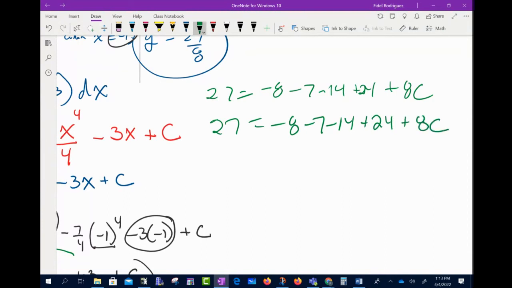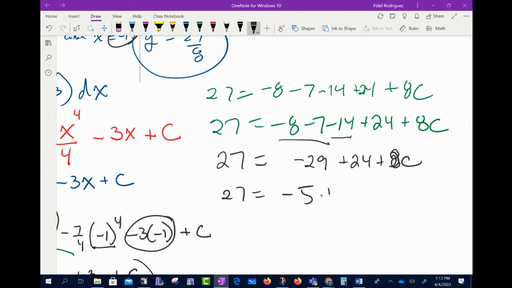This problem is much easier for me to solve because now I got real pretty numbers. Okay, that's negative 15 minus 14 is negative 29 plus 24, so that's 27 equals negative 5 plus 8C.